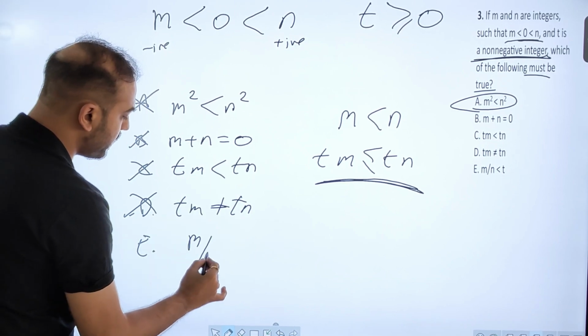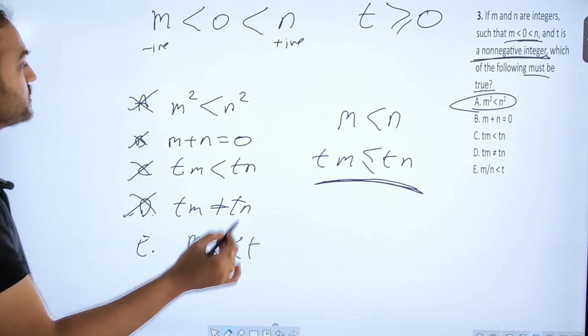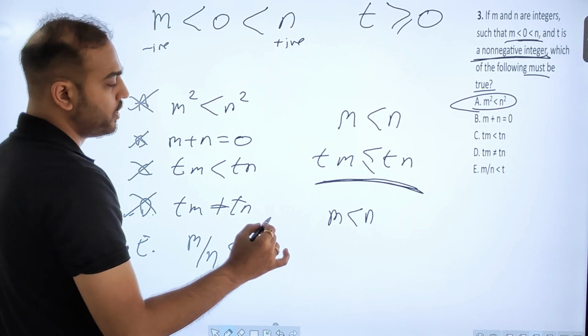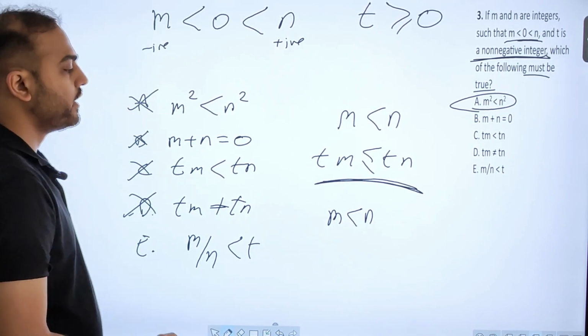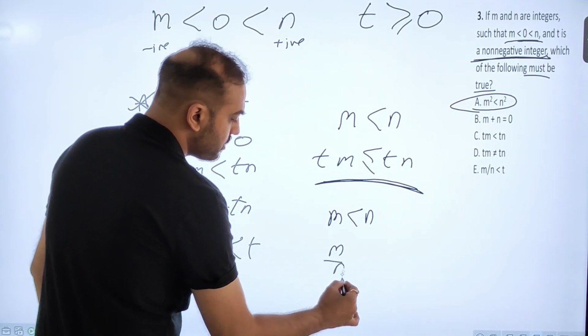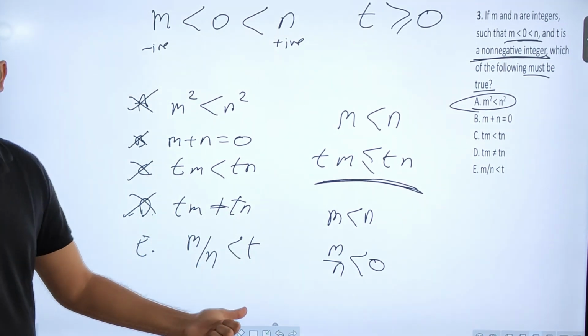That is m by n is less than t. Let's see how this works. So we know m is less than n. If I cross multiply, I know m by n is negative, because m is negative, n is positive.